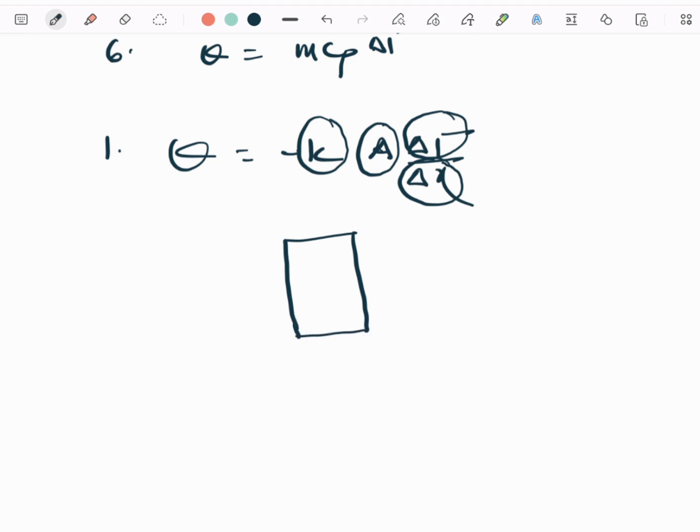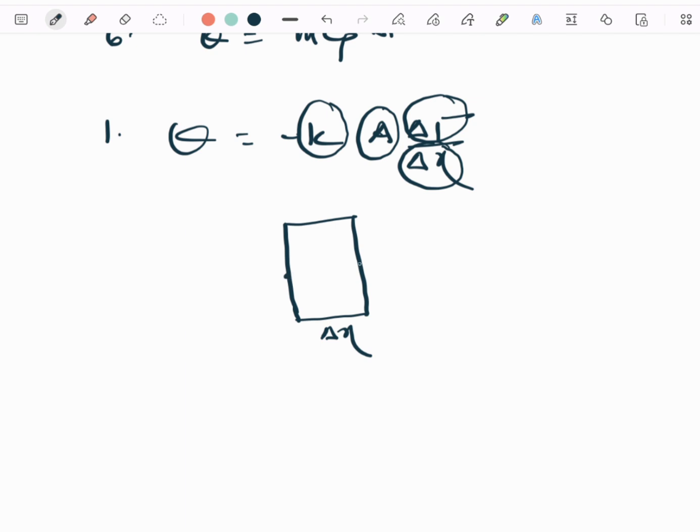Suppose you have a plane wall having thickness ΔX. The temperature difference between these two walls is ΔT. A is the cross section area and k is the thermal conductivity of the wall.